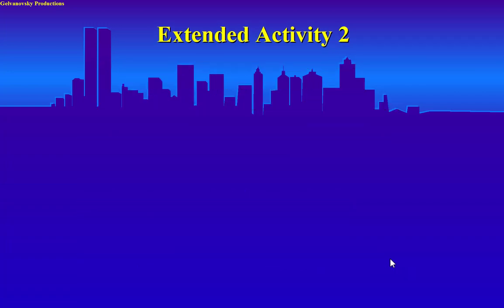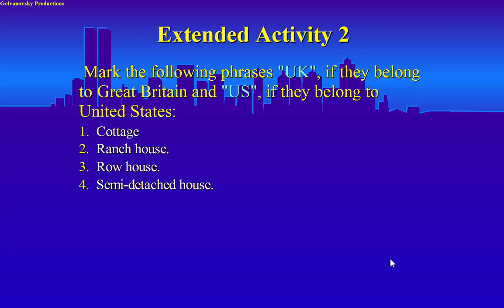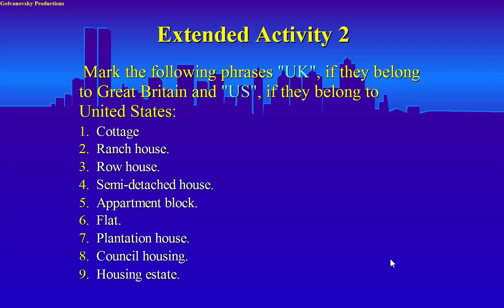Extended activity 2. Mark the following phrases UK if they belong to Great Britain and US if they belong to United States. Cottage, ranch house, row house, semi-detached house, apartment block, flat, plantation house, council housing, housing estate, and housing project.